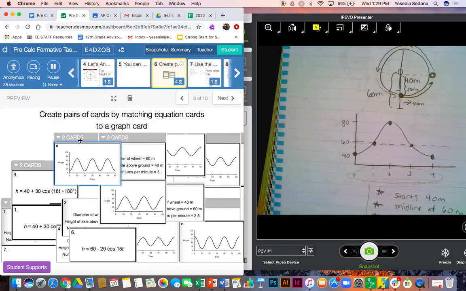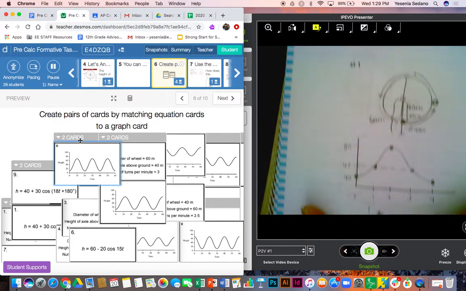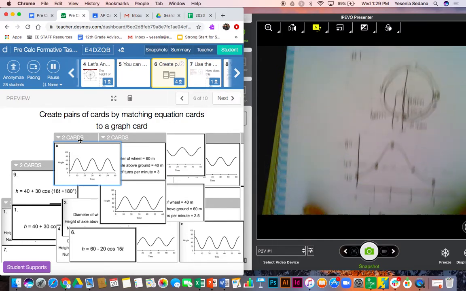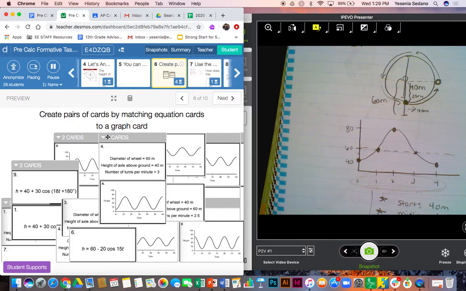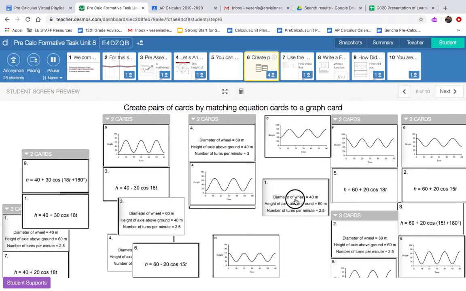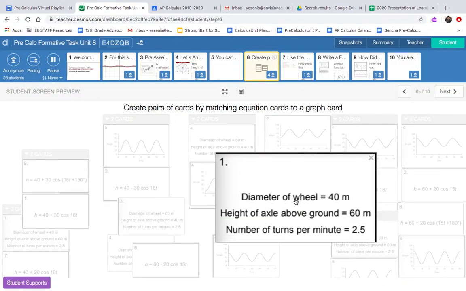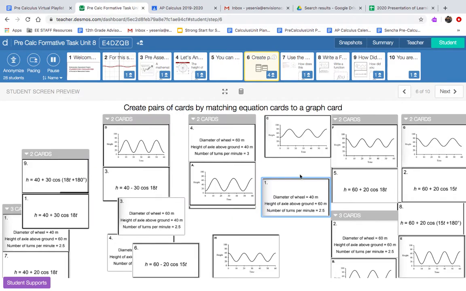So remember, we're trying to match situation number 1. Let me pull up that card again. Situation number 1. And remember the picture that we just drew. We had a midline at 60, it started at 40, and its maximum was at 80.